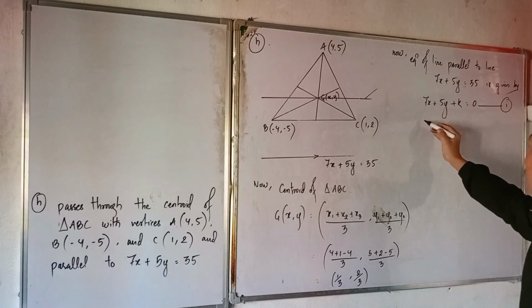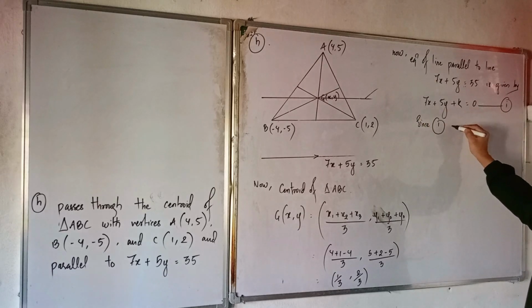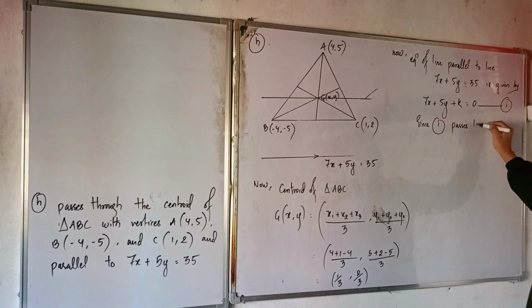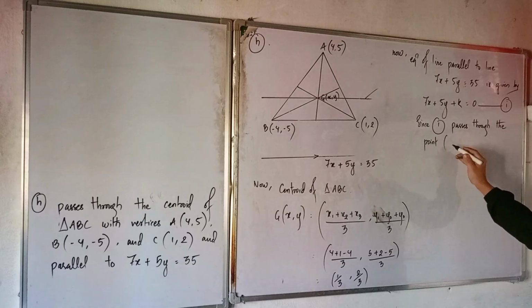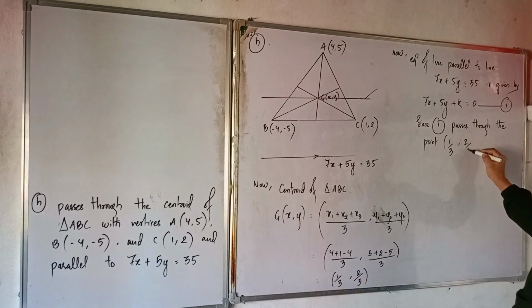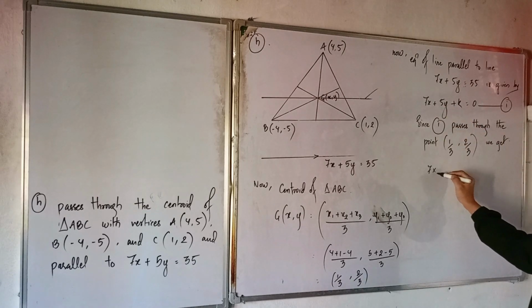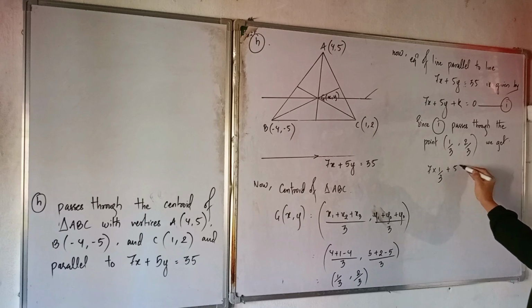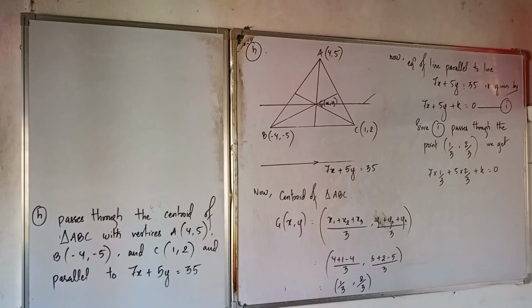Since this line passes through the centroid (1/3, 2/3), just substitute the values: 7 into 1 by 3 plus 5 into 2 by 3 plus k equals 0.